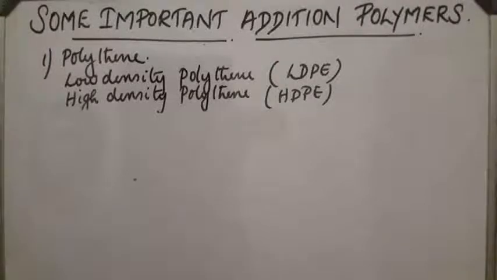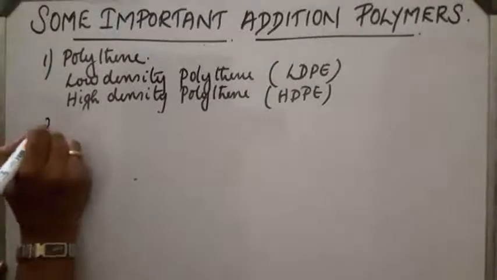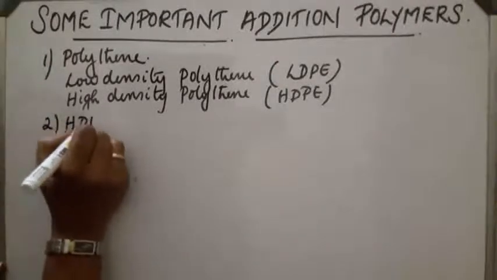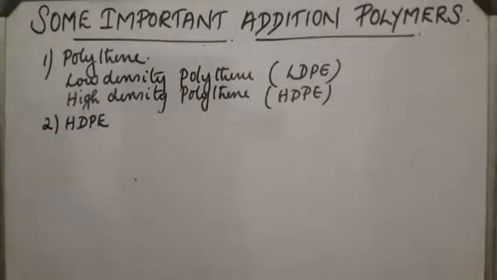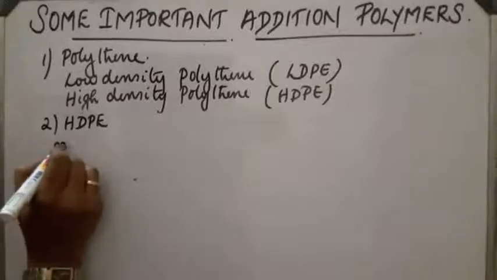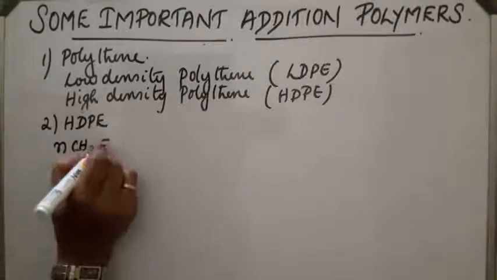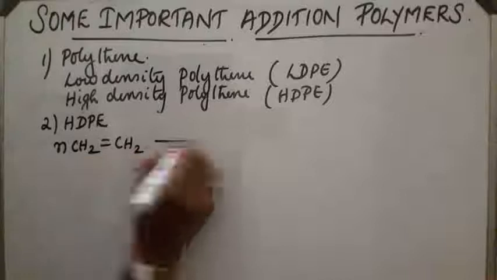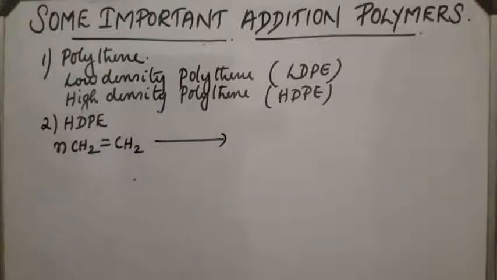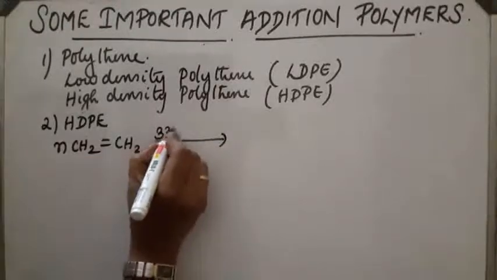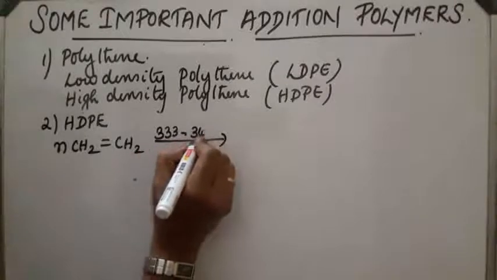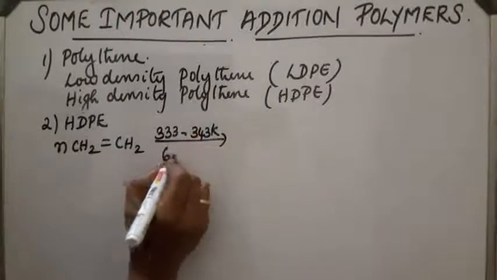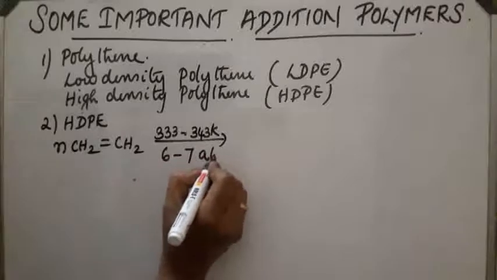Second polyethylene is HDPE, or high density polyethylene. How can we prepare this? This can be prepared from ethene at a temperature of 333 to 343 Kelvin and a pressure of 6 to 7 atmospheric pressure.